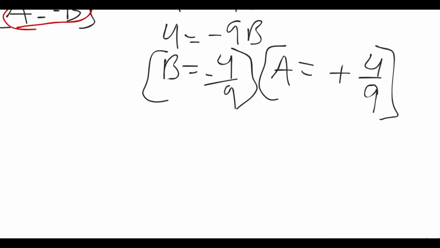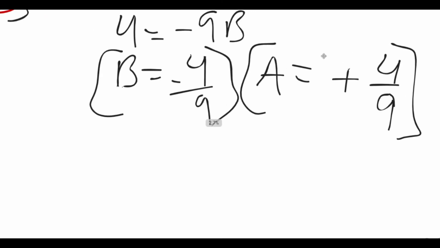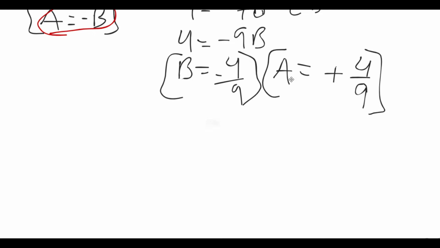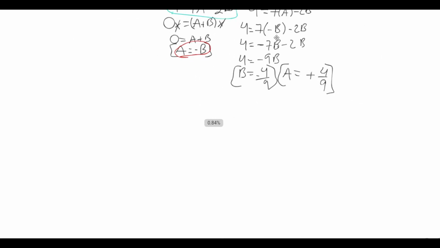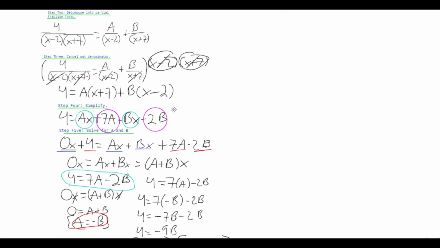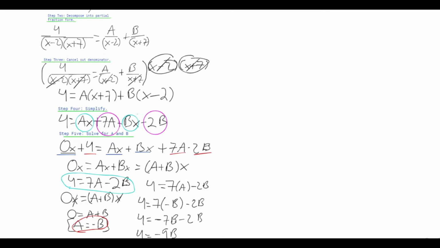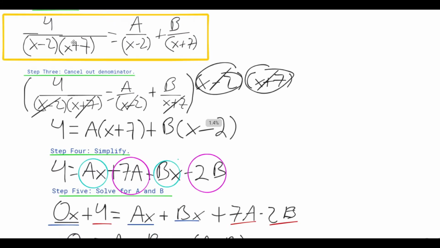So now we go back to our partial fraction form, that partial fraction that we had earlier, and we came up with this right here: 4 divided by x minus 2, x plus 7 is equal to a over x minus 2 plus b over x plus 7.